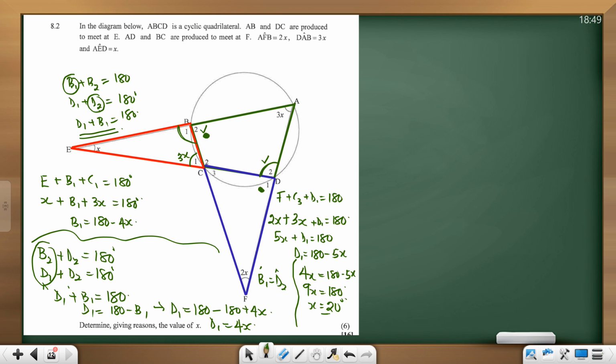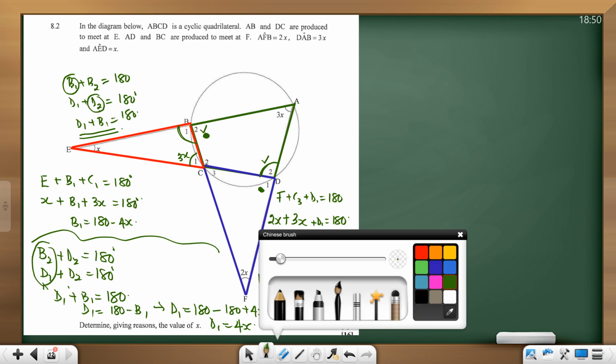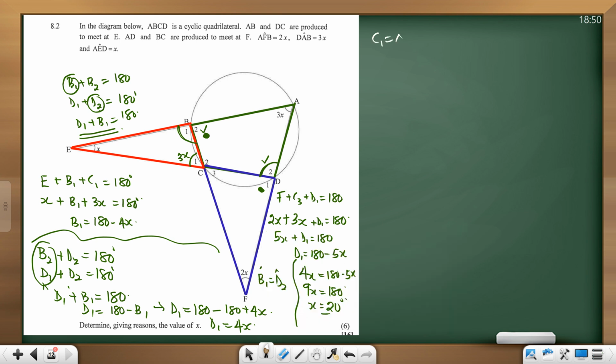All right, Bokayo. But guys, did you follow what Victoria did there? All right, as I was writing down. Bokayo, shoot. Okay, so I started by saying angle C1 is equal to angle A. All right, C1 equals A, which is 3x.